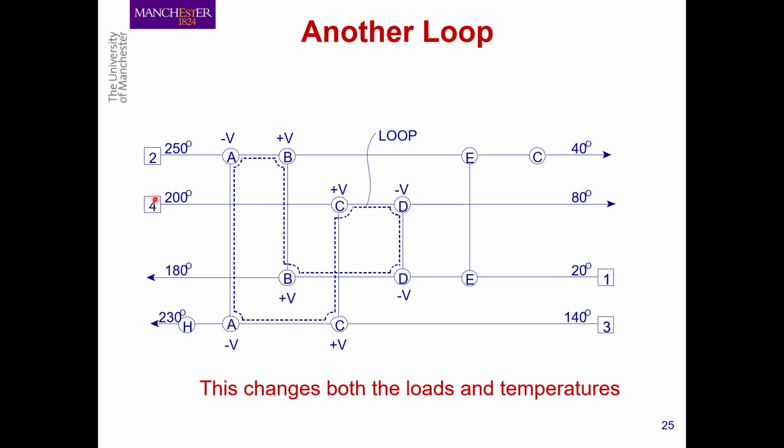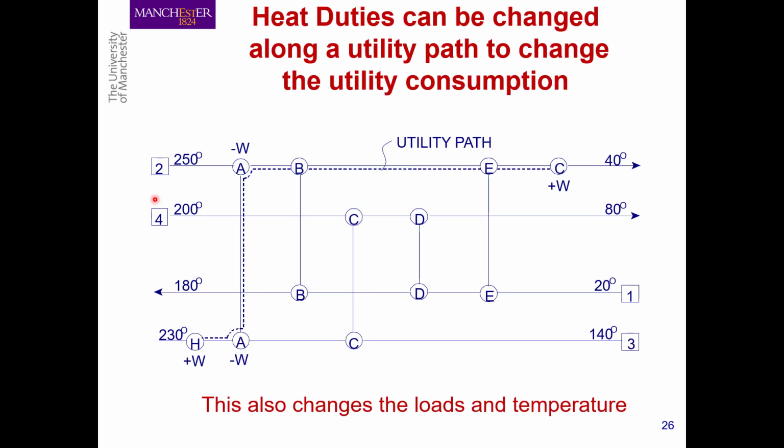So another way to optimize our suboptimal HEN design is to look at utility paths. The utility path is a way of connecting different units in a HEN design. So here, for example, we have a utility path starting at the hot utility, connecting different exchangers in the process, and then going all the way to the cold utility.